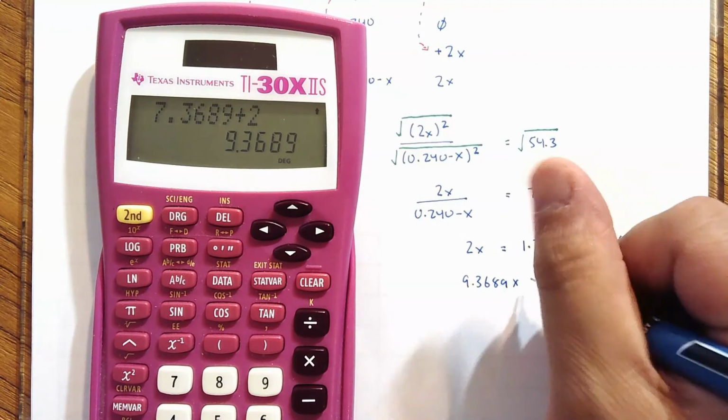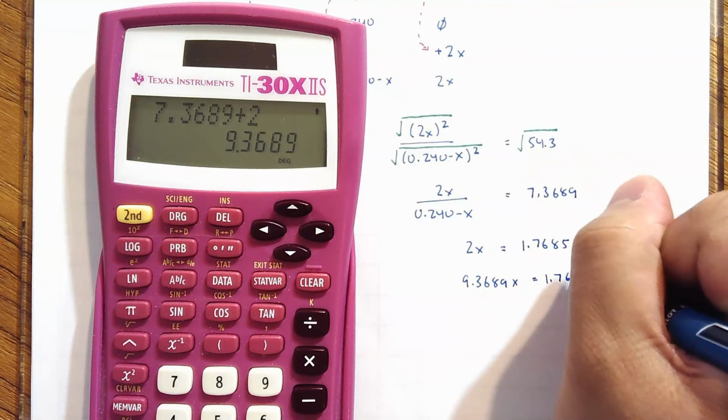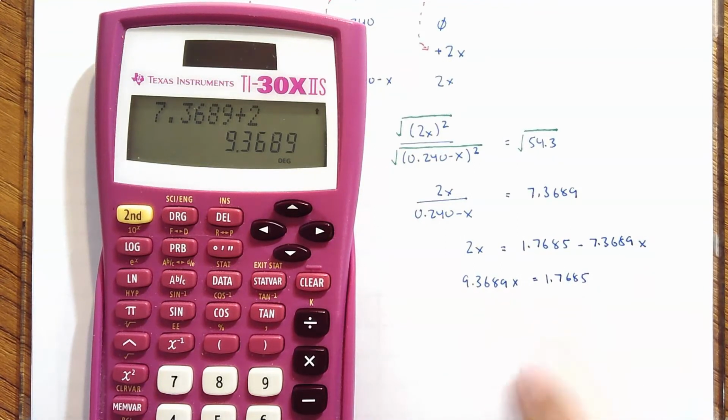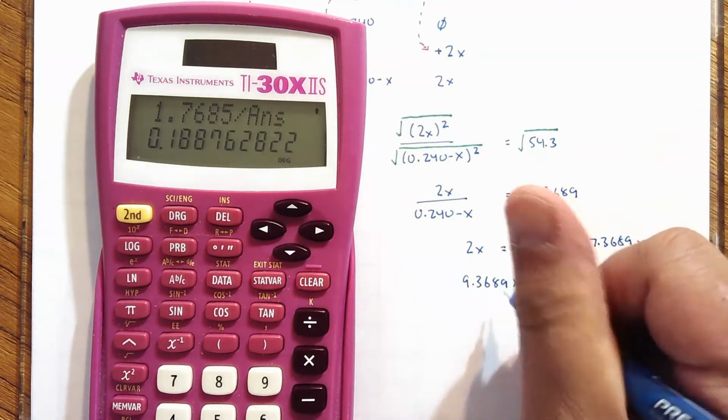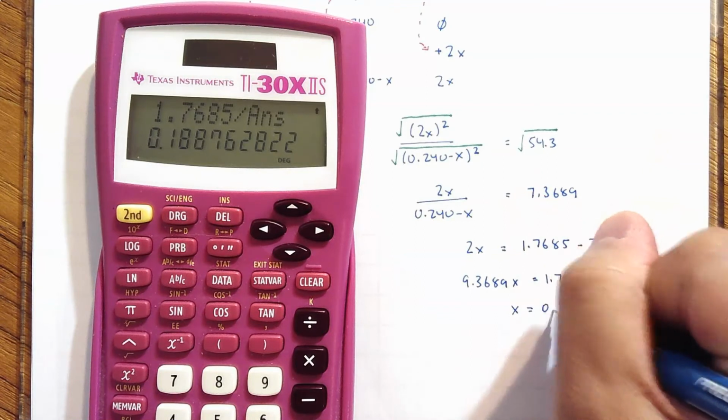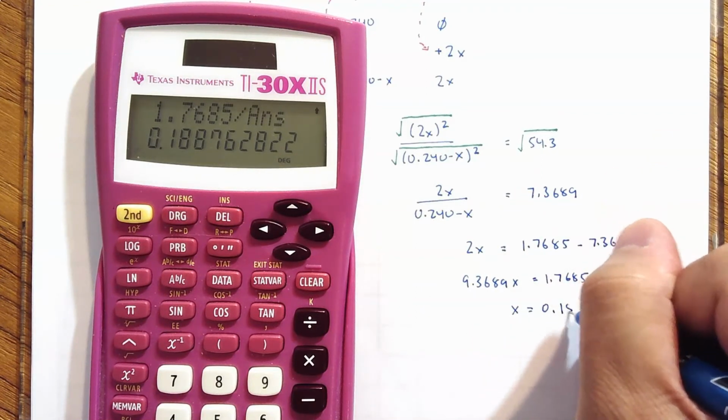Okay, that looks good. It equals 1.7685, and then finally 1.7685 divided by that answer. x equals 0.189.